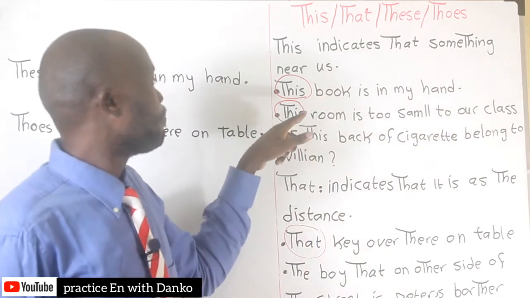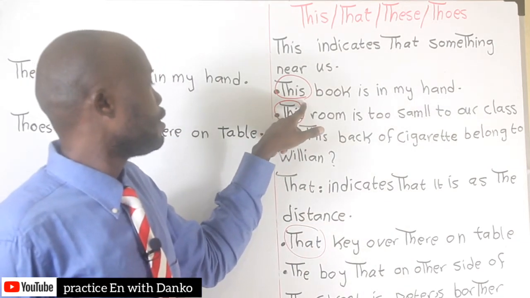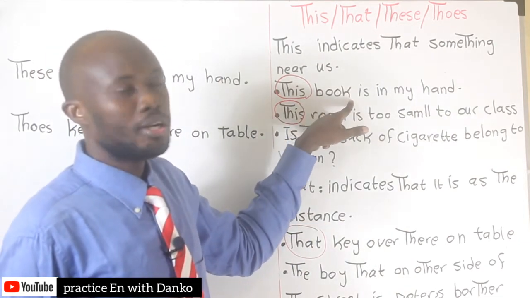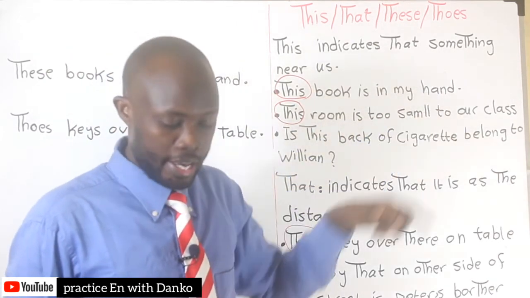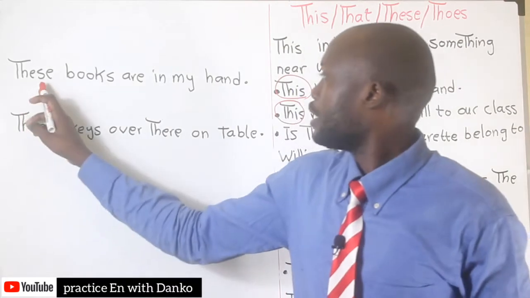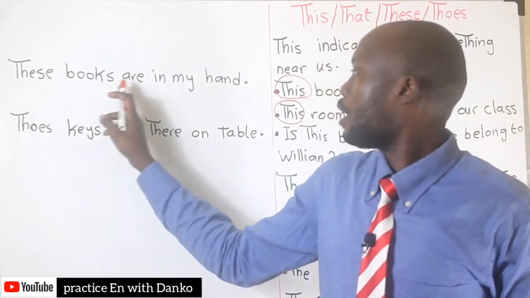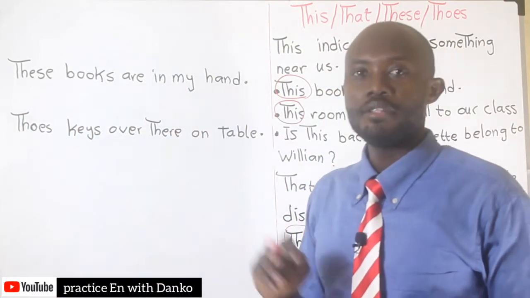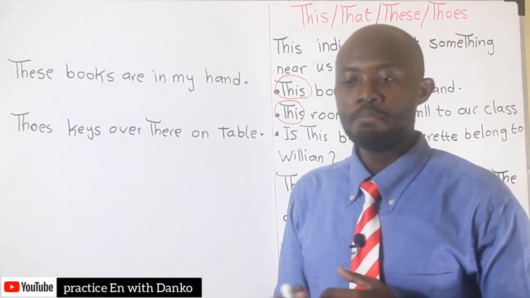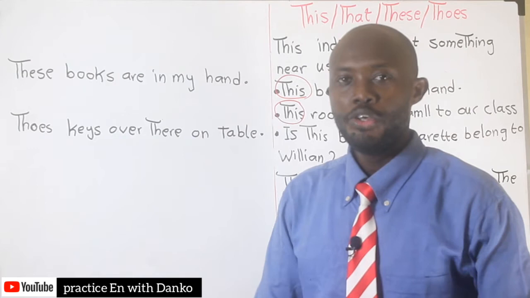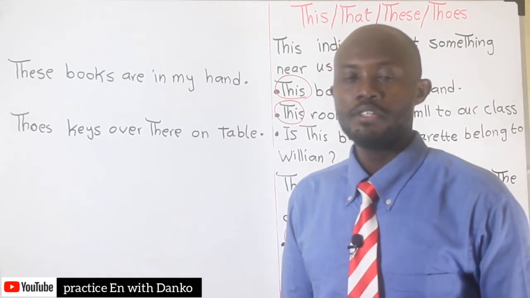So here this became these books are in my hand. Okay, I put it here. These books are in my hands. More than 2 books, but it is near you. You want to point to them.